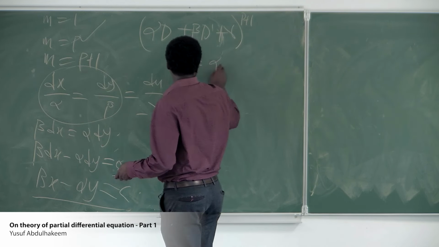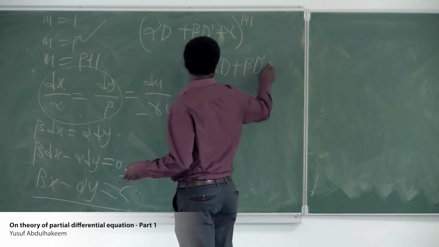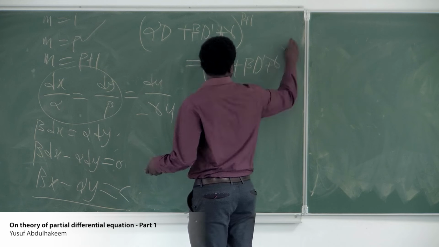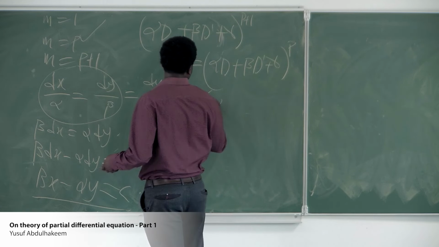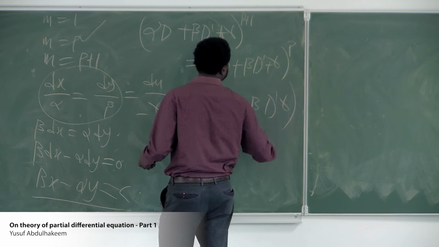This is the same thing as alpha D plus beta D prime to the power of p, then multiplied by another alpha D plus beta D prime plus gamma. This is what we have.